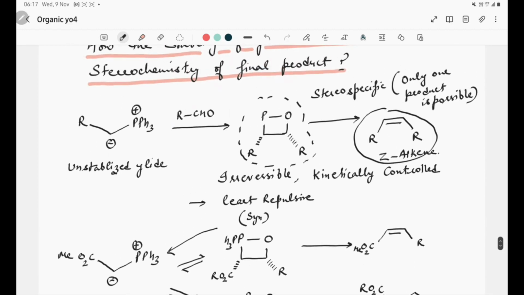Again we are repeating it. In case of unstabilized ylides, the formation is irreversible and kinetically controlled.